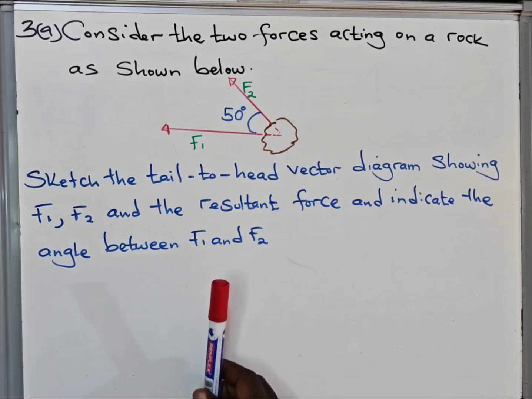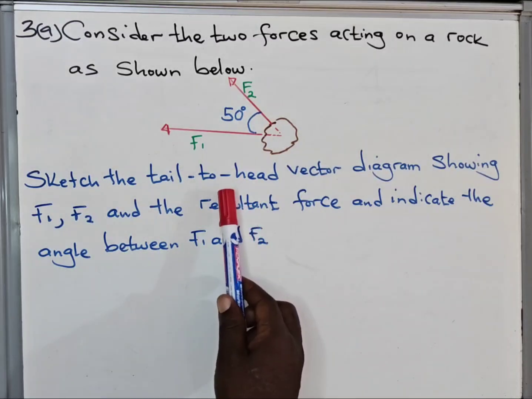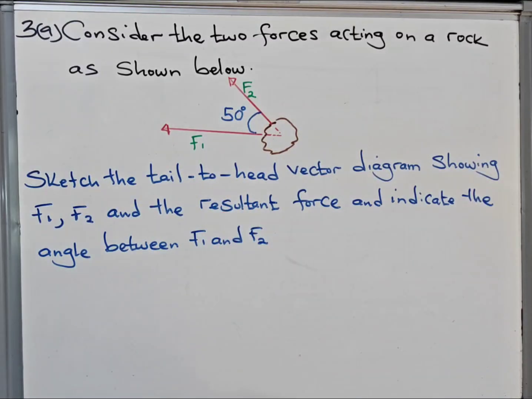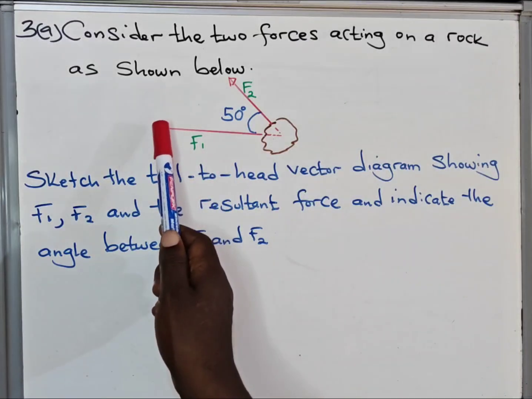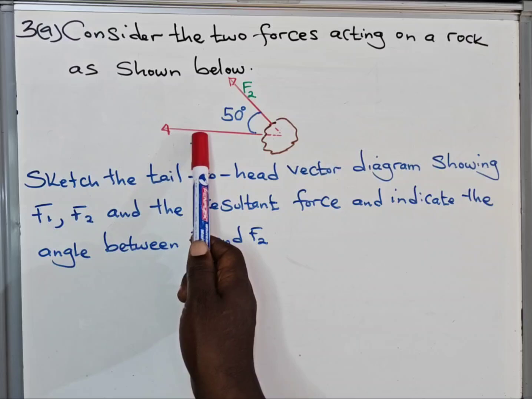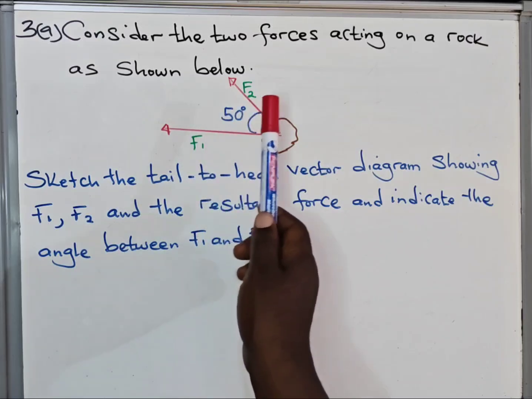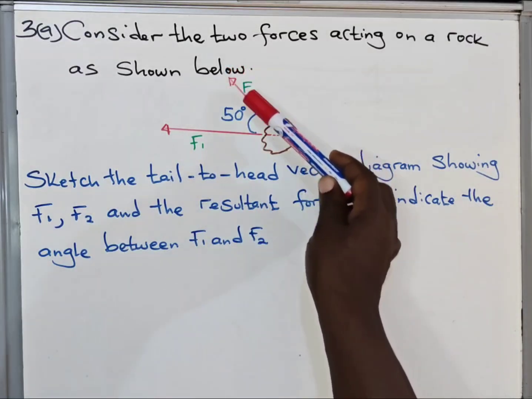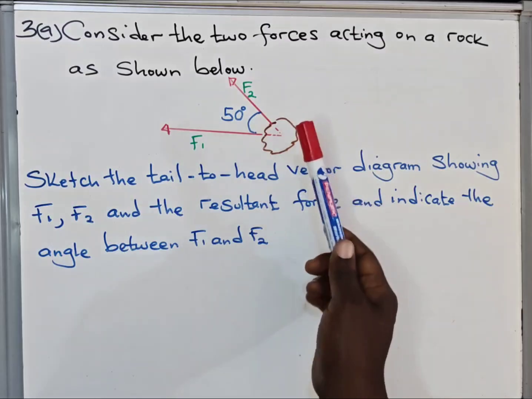You have to know that what we call a tail-to-head is that this head of this vector must be in touch with the tail of this vector.